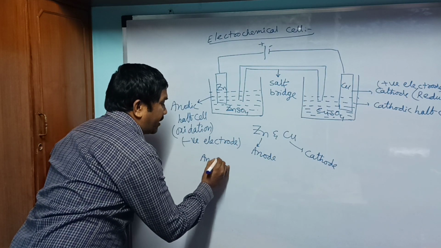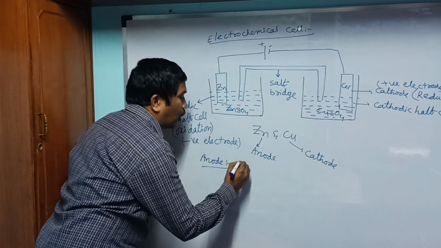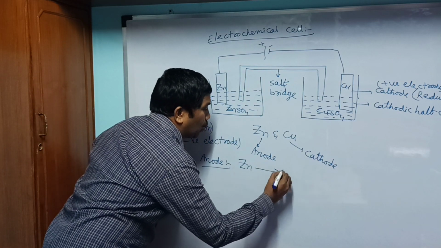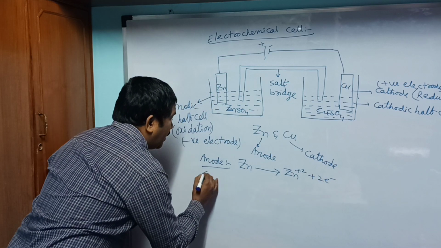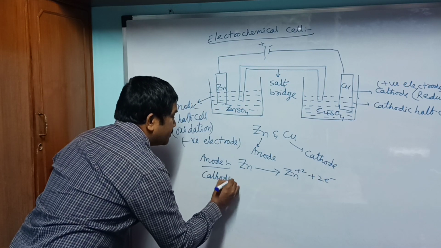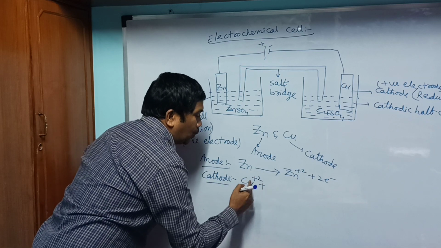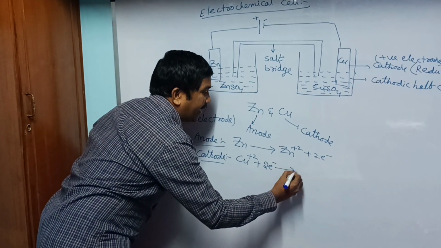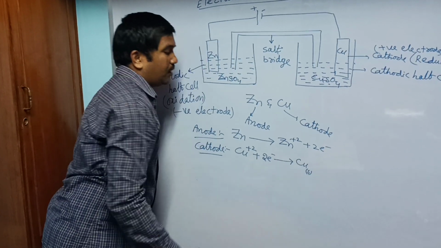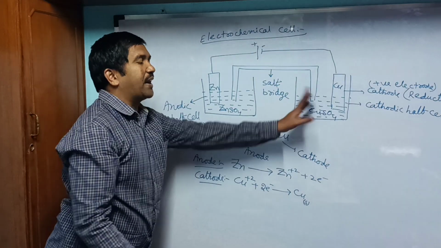What are the reactions that take place in these half cells? At anode, zinc converts into Zn2+ by loss of electrons. At cathode, the Cu2+ present in the solution gains these 2 electrons and converts into solid copper, which is deposited on the surface of the copper rod.